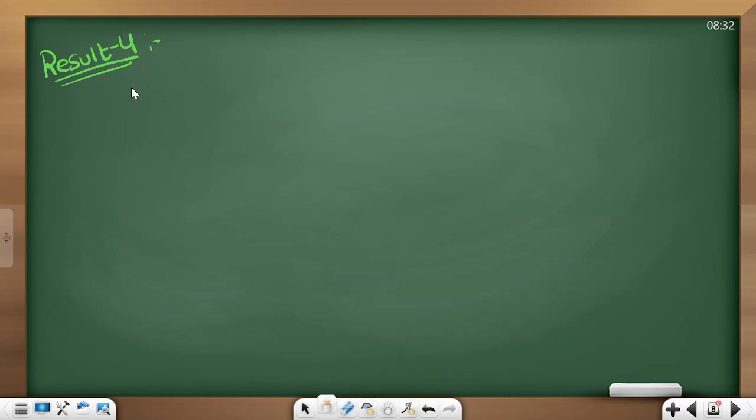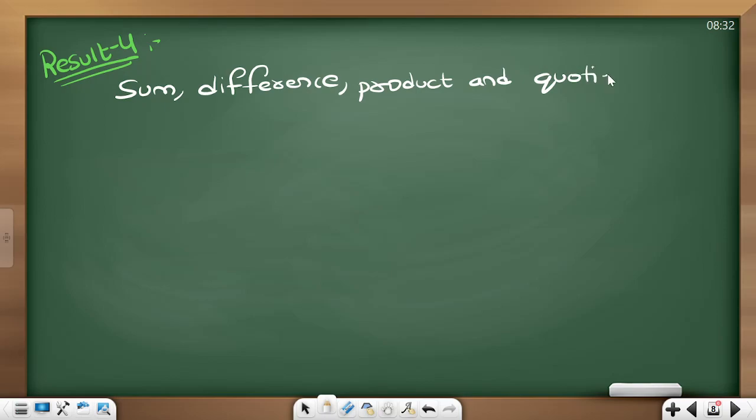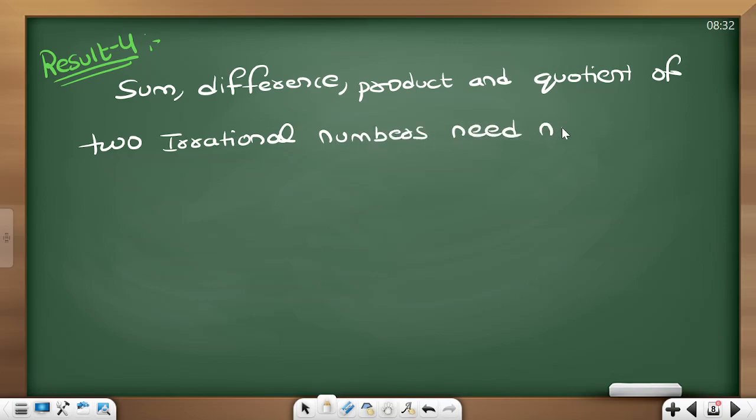Sum, difference, product and division or quotient, both are same, of two irrational numbers need not be an irrational number.